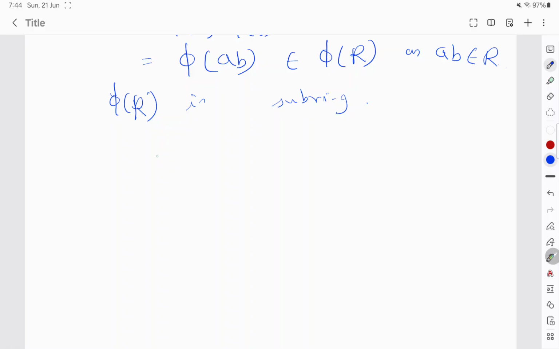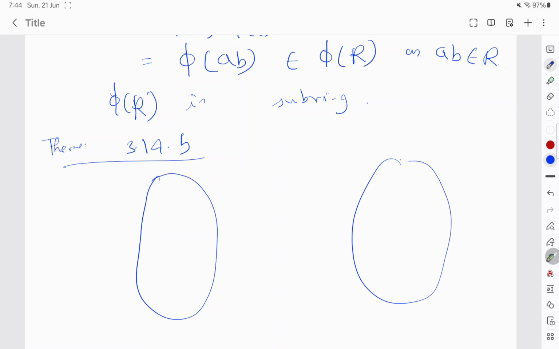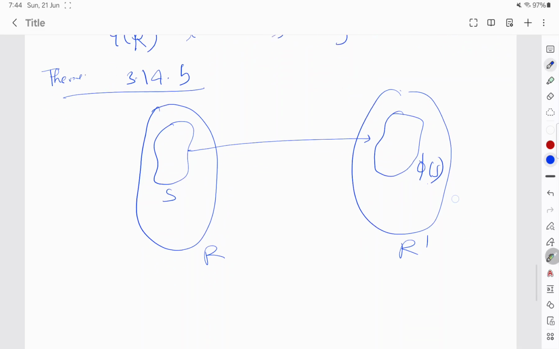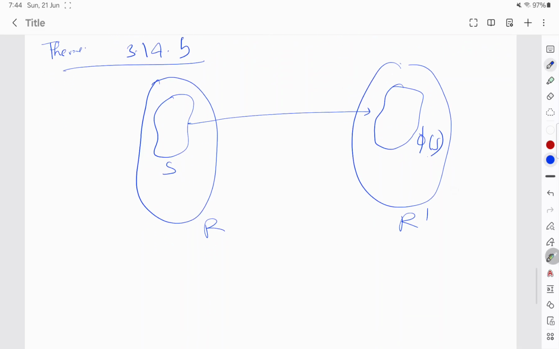So this you have already seen, right? Similarly, just have a look at theorem 3.14.5. What this theorem says, you just need to know the concept. For a map from R to R dash, if you have a subring S of R, then you get phi of S, and this phi of S is also a subring of R dash. This is part 1.